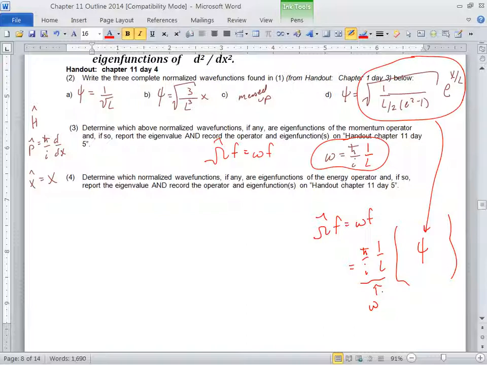So that's what you have to do in this self-test 11.6. You have to follow this exact same format. Expectation will be r squared, square root. You have to write a big bracket around this whole big thing and write square root, so you don't forget. And then it would be the psi star, r squared psi d tau.